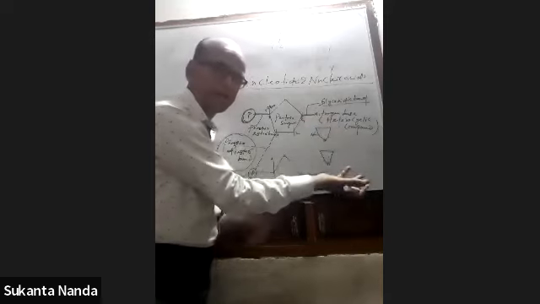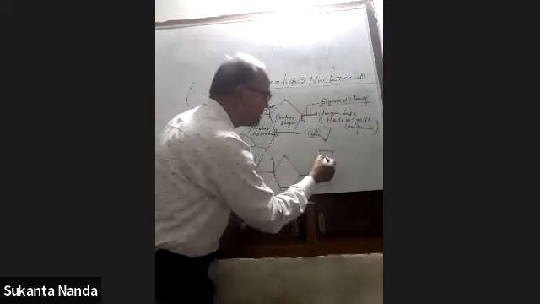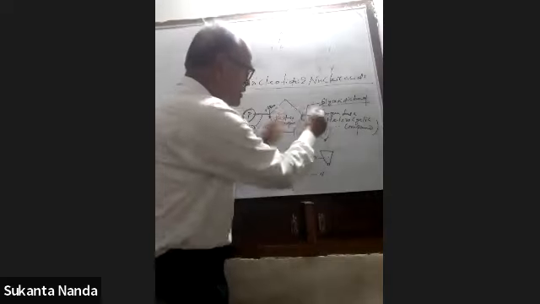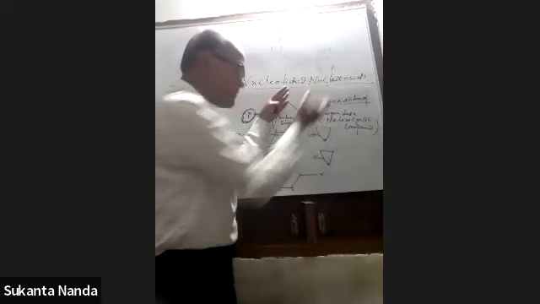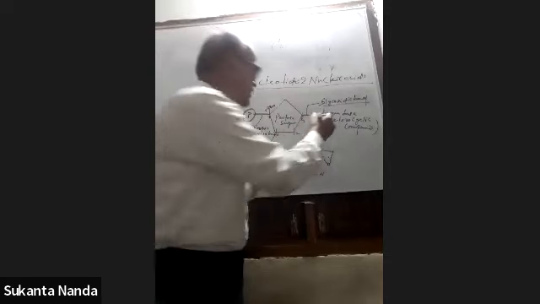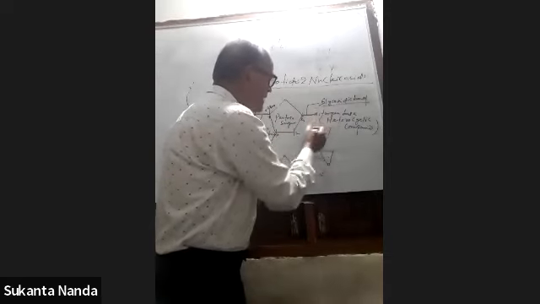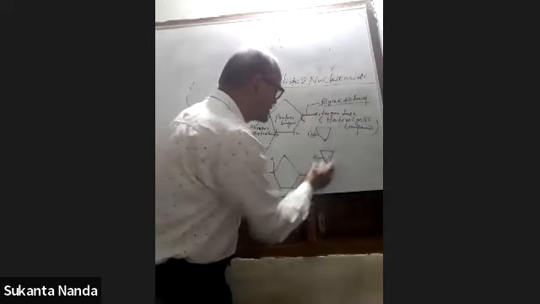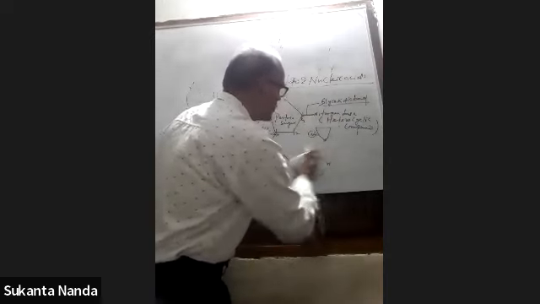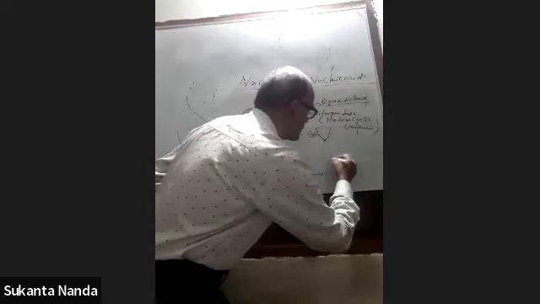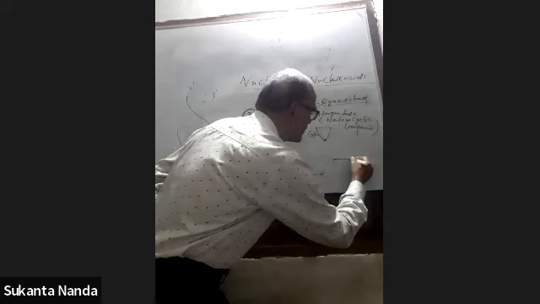If you make it reverse, this one also has nitrogen, and this nitrogen will combine with that nitrogen because they are parallel to each other, by a hydrogen bond. Suppose I draw it here.